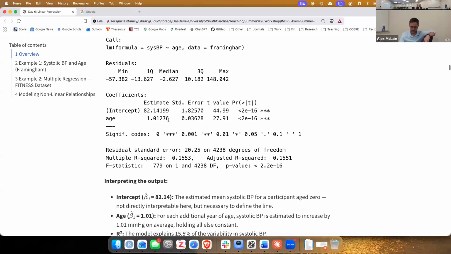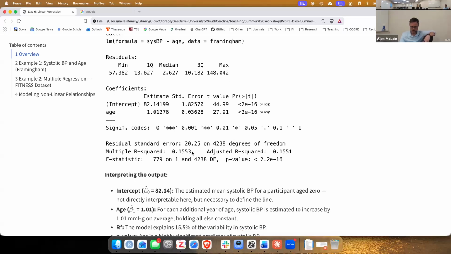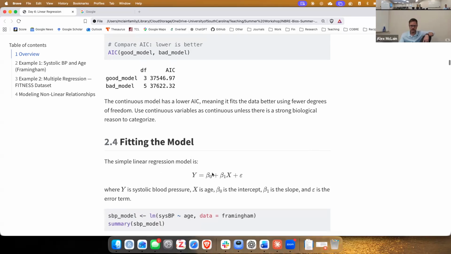Okay, what else do we have on here? We have the R squared value that we see right here, 0.155. So 15.5% of the variance in systolic blood pressure is explained by age.